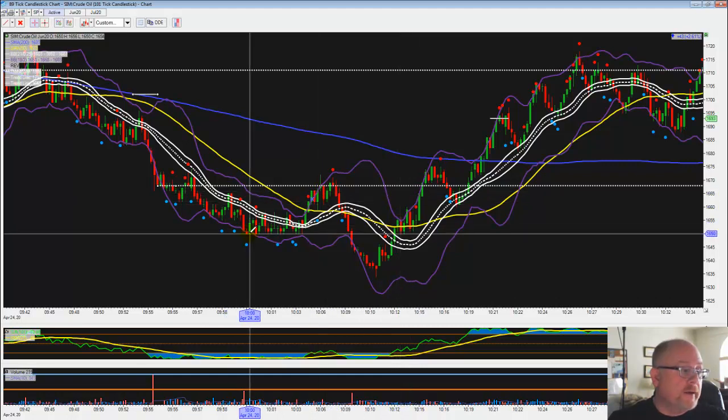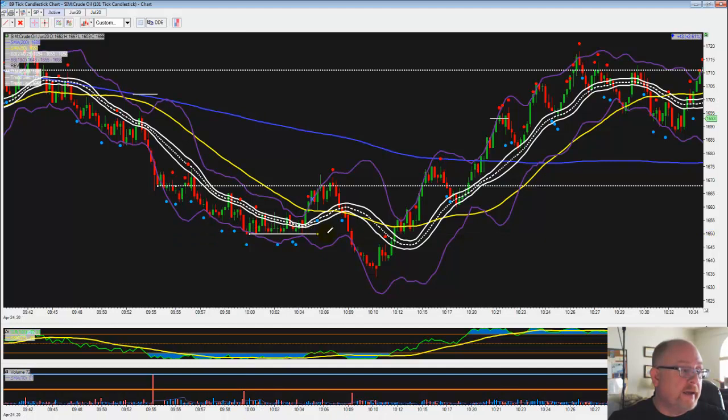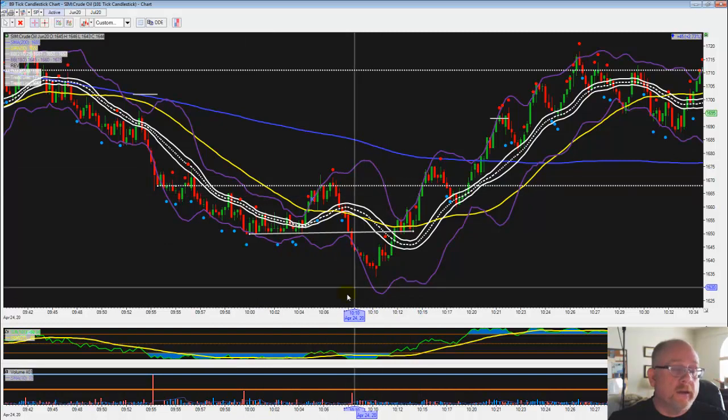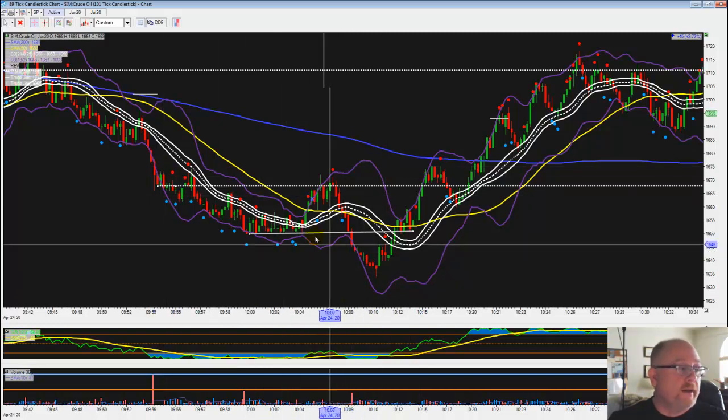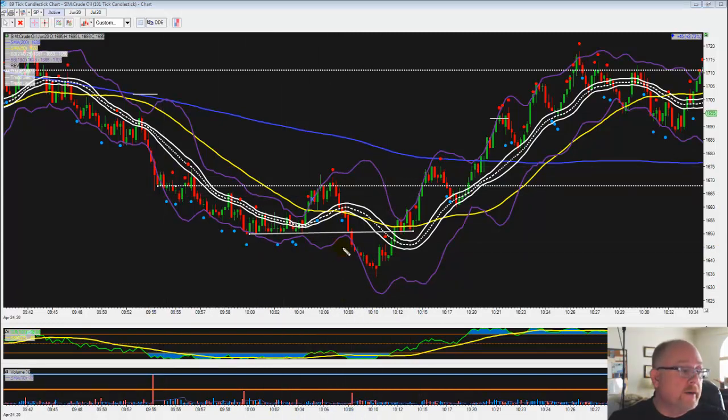So once it breaks through this level right here, all of a sudden this is where this volume comes in, and you see where you call another fake out to the long side. So right here is a fake out on the long side based upon this volume, and then they push it forward.